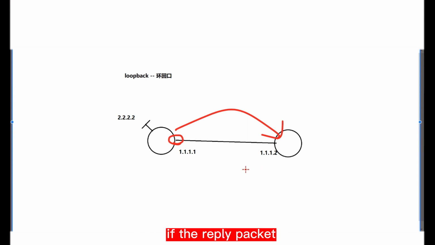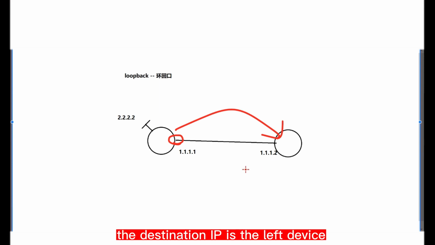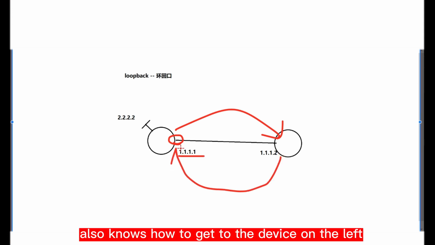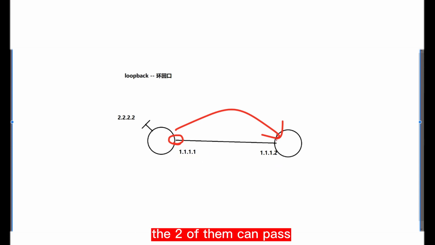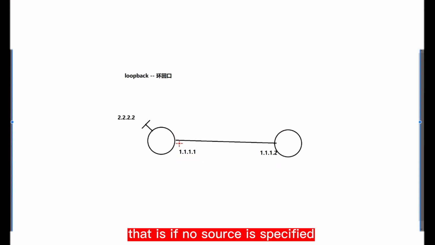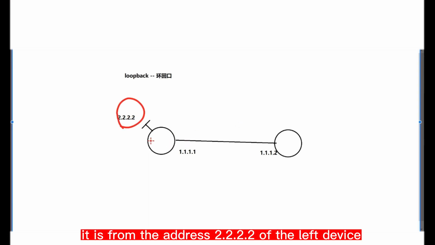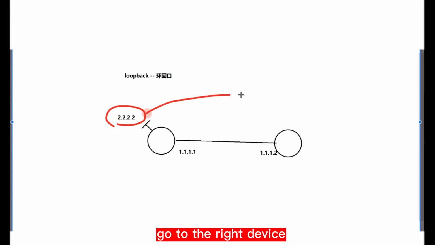If the reply packet's destination IP is the left device, the device on the right also knows how to get to the device on the left. The two of them can pass. That is, if no source is specified, it is the outbound interface. If source is specified, it is equivalent to going from the address 2.2.2.2 of the left device to the right device.